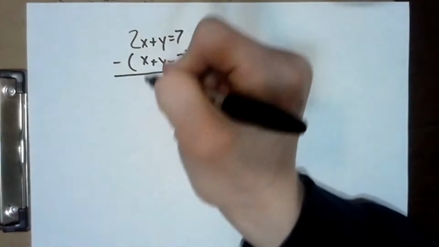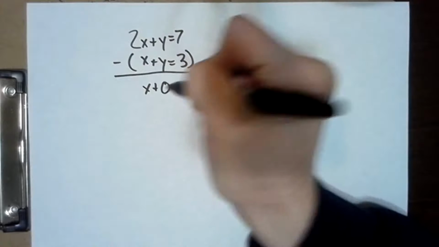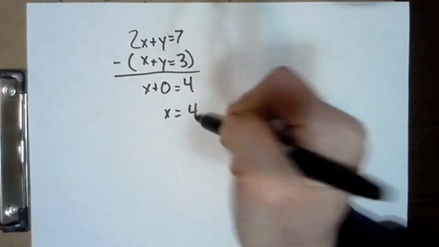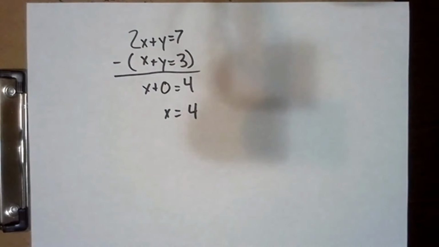When I subtract here, I get x plus 0 equals 7 minus 3 is 4, so x equals 4. That's easy enough.